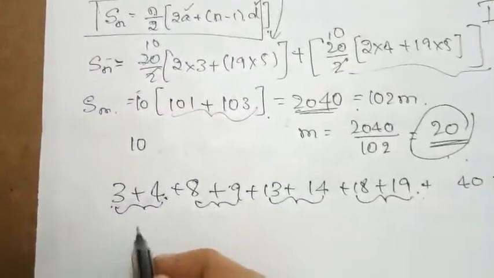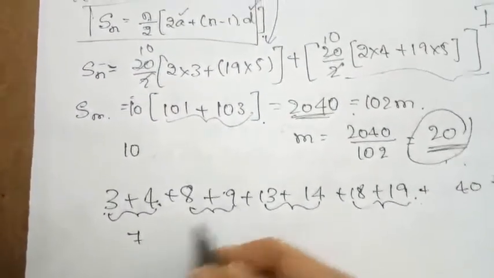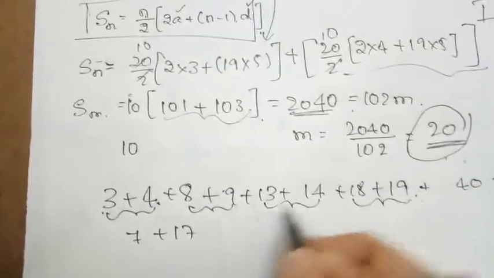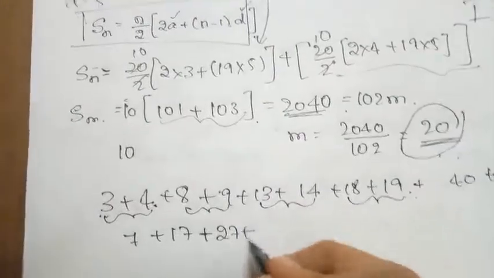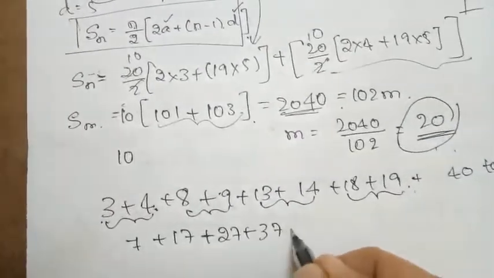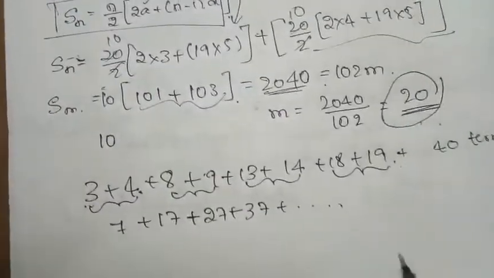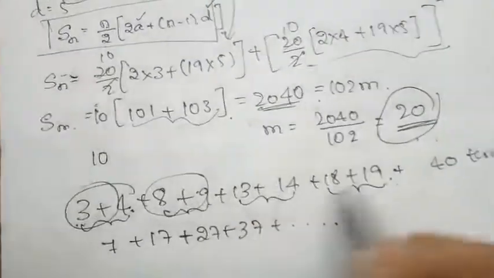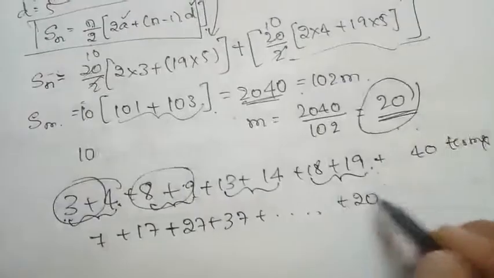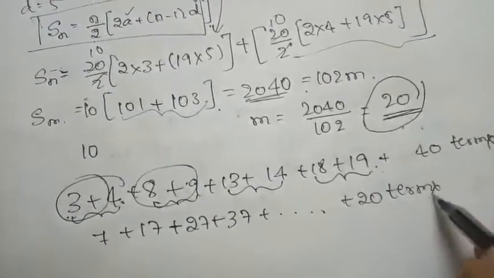So 3 plus 4 is 7, 8 plus 9 is 17, 13 plus 14 is 27, and this value is 37, and so on. Totally how many terms are we going to get? Since we are grouping two terms, at the end we are going to get 20 terms.